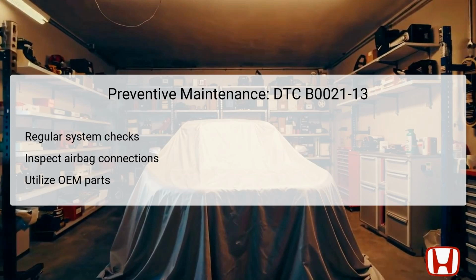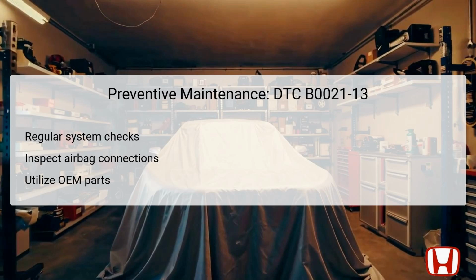As part of an ongoing maintenance strategy, preventive measures are essential to minimize the occurrence of DTC B0021-13 and other airbag-related issues. Regular inspections of the SRS components and their associated wiring can essentially prolong their longevity and reliability. Technicians should routinely inspect the airbag connections for any signs of wear, corrosion, or environmental damage.